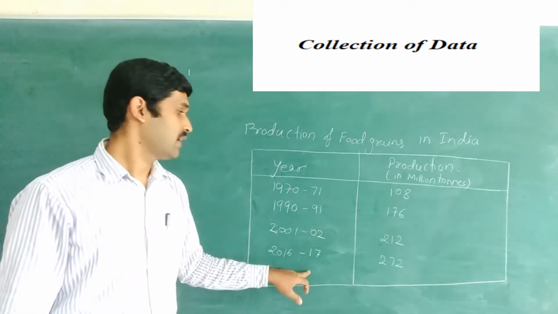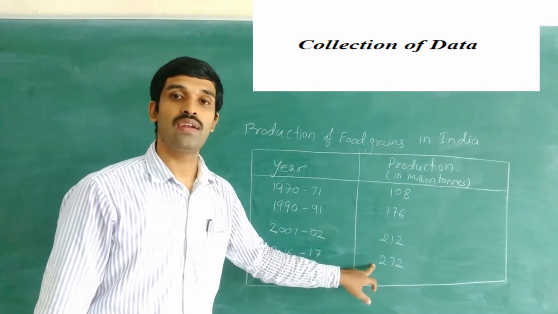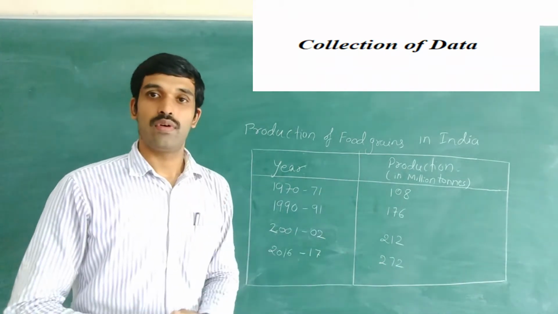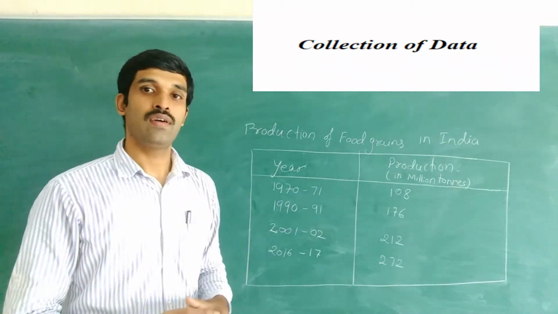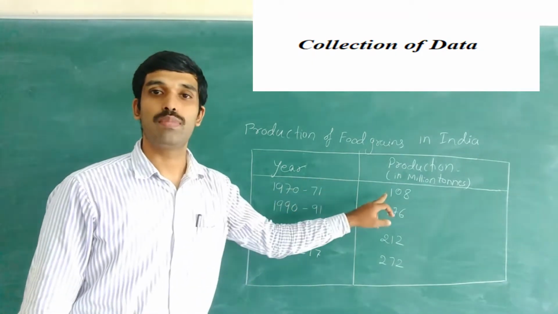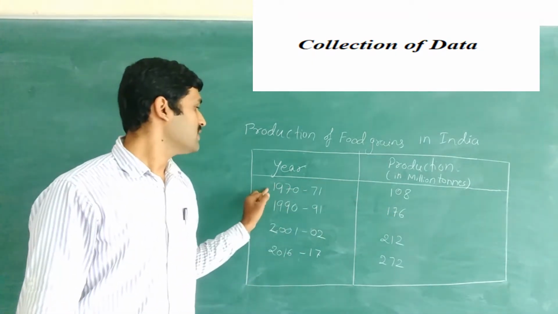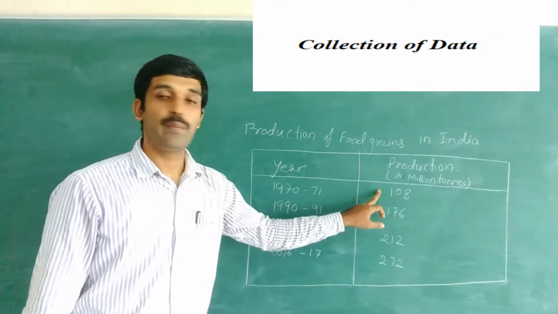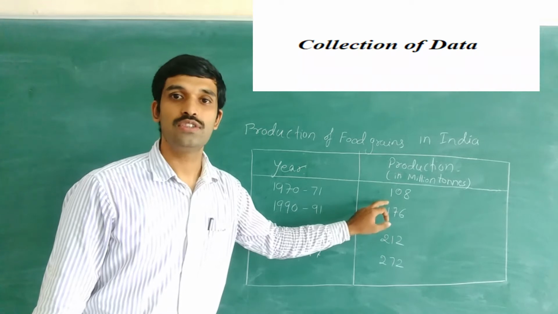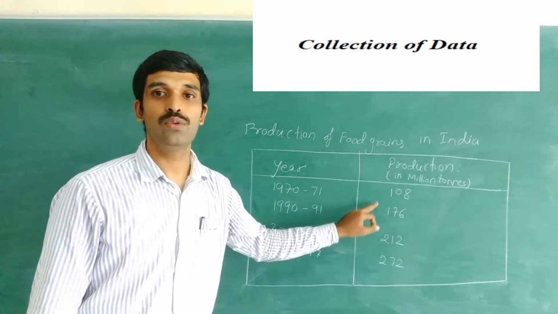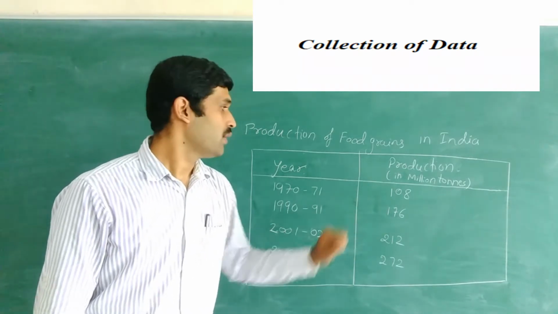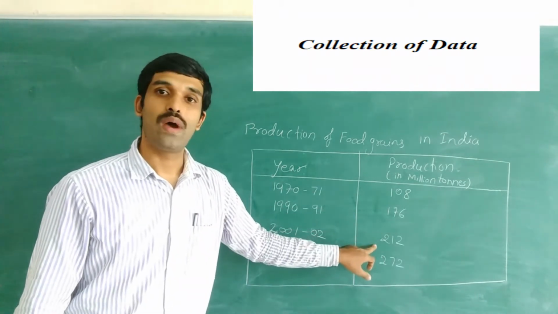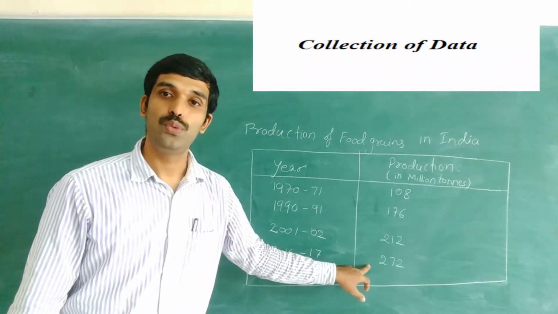In 2016-17 it is about 272 million tons. By seeing this table, we can observe two variables here. Years are also a variable, and here production of food grain is a variable from one year to another year. Here 108, 176, 212 and 272, like this.